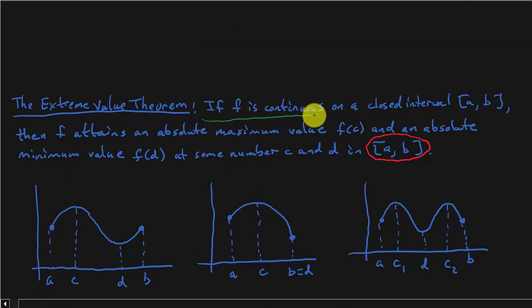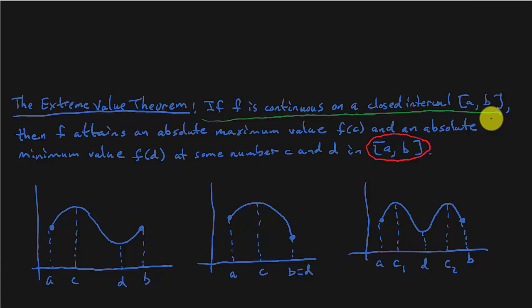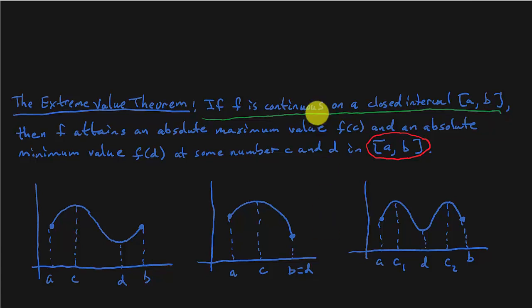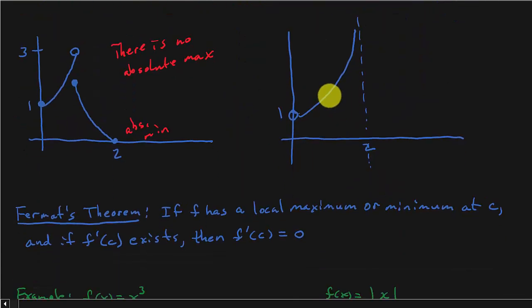What does it say? That's the key thing there. That's the important part. If F is continuous on AB. And you can see here, this function is not continuous, so we're not going to have both.